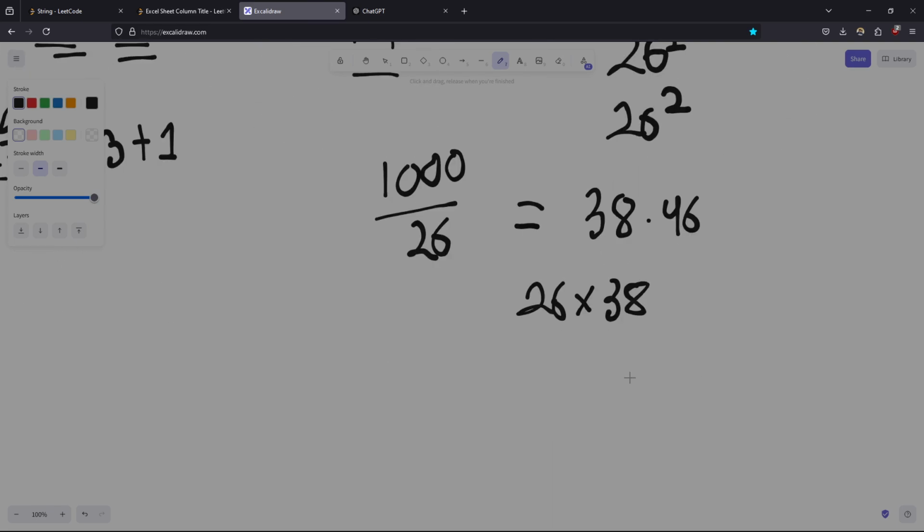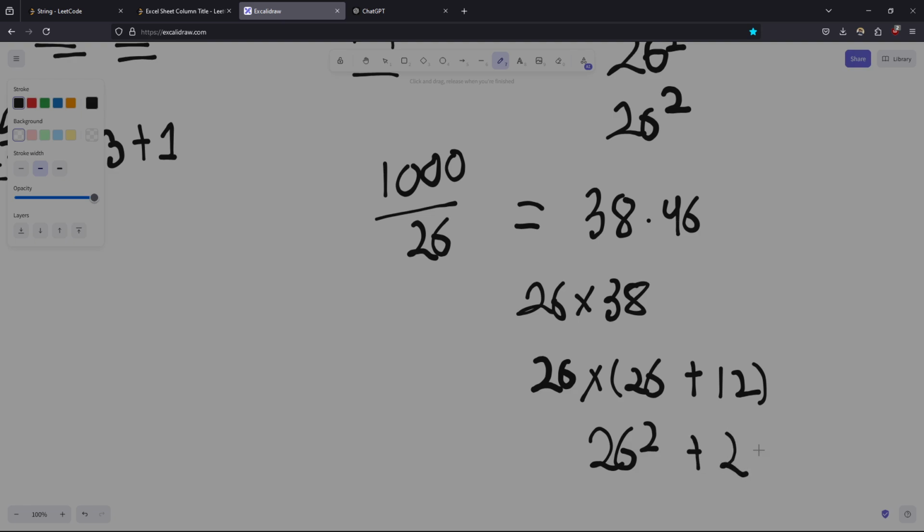Okay, so it means that it is equal to 26 into 26 plus 12, which is 26 squared plus 26 into 12.